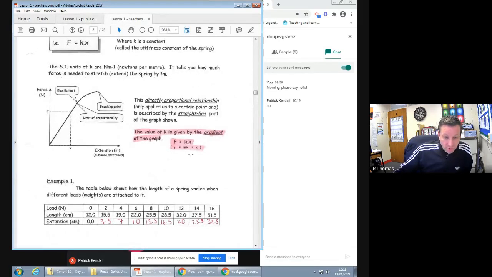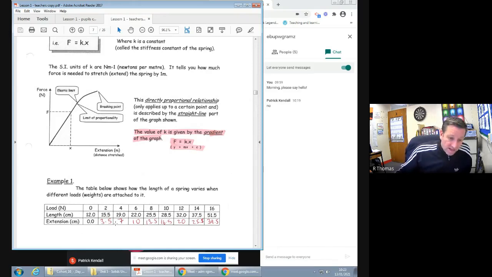I would have asked you to have done this exercise here. The table below shows the length of a spring and how it varies when different weights are attached to it. So the initial length of the spring is 12 centimeters, and then I add weights going up in 2 newtons each time, and this is the new length of the spring each time.